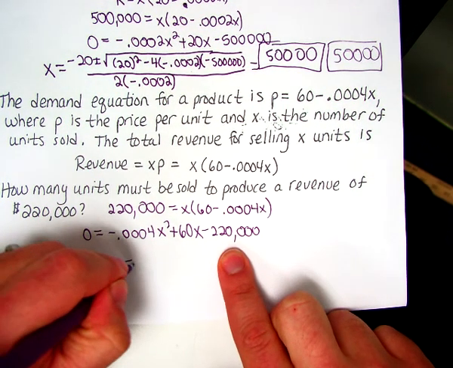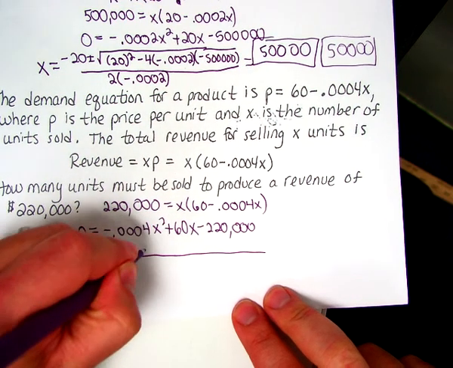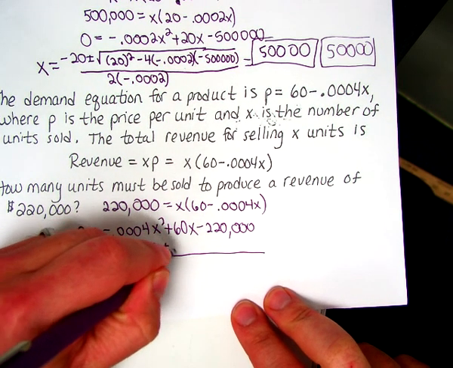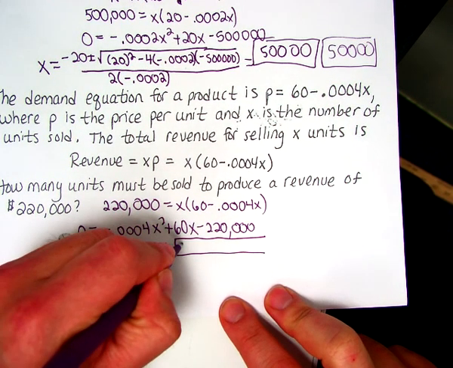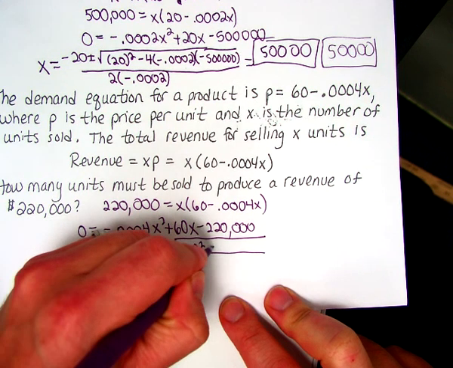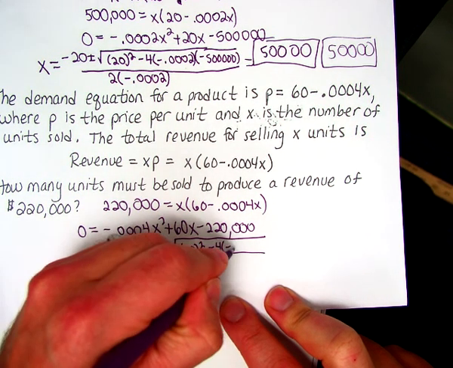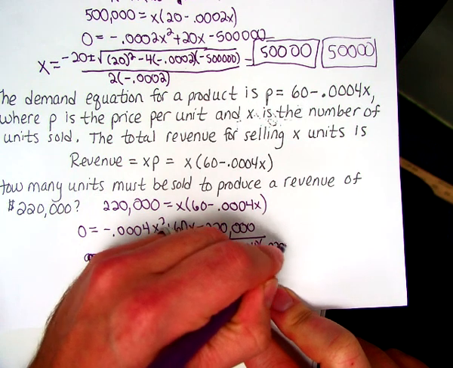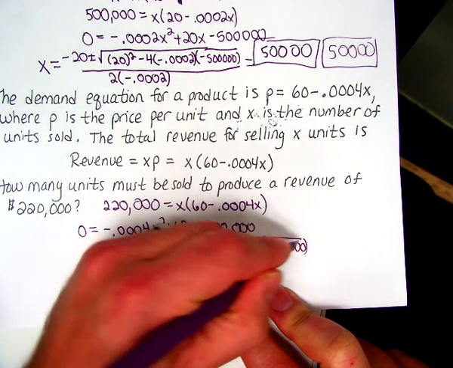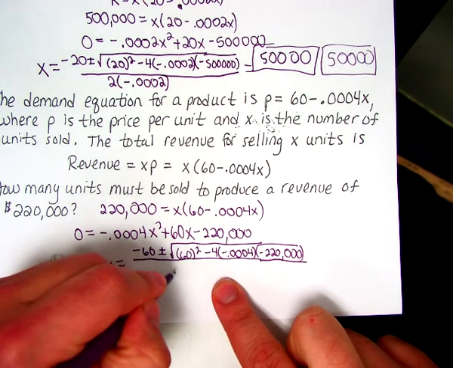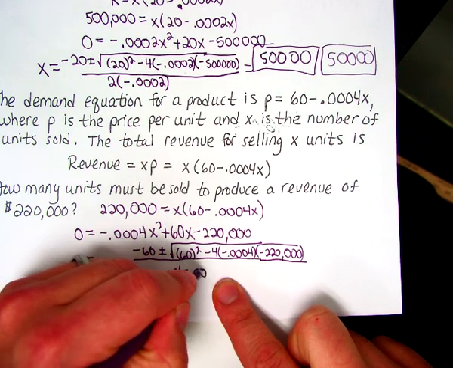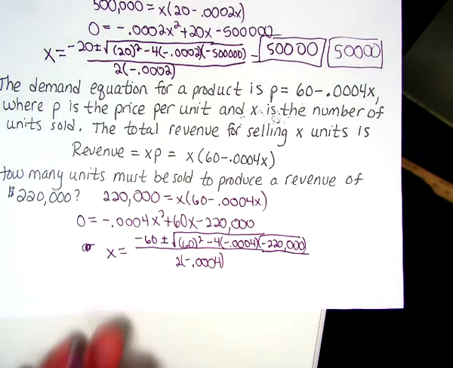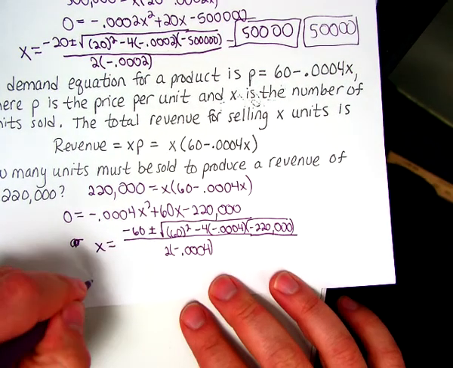So let's set this up in our quadratic formula. Negative 60 plus or minus the square root of B squared, which is 60 squared, minus 4 times A, which is negative 0.0004, C is negative 220,000, all over 2 times A, which is 2 times negative 0.0004. Okay, so this is the setup. Now let's get to our two answers.